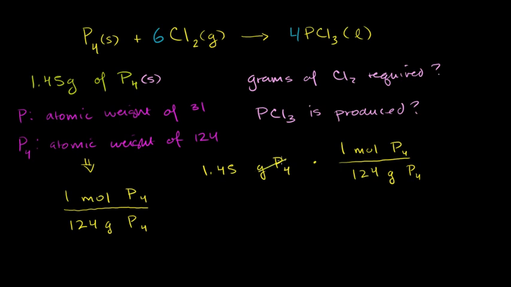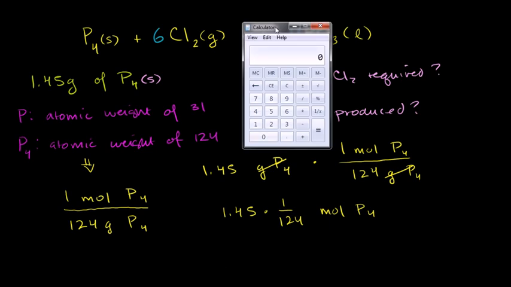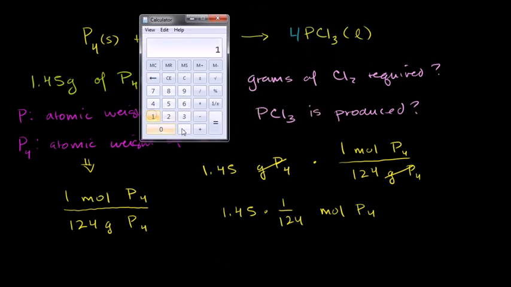The grams of phosphorus cancel, and then we get 1.45 times 1 over 124 moles of molecular phosphorus. And we could figure that out. Let's get our calculator out. It's 1.45 divided by 124, right?